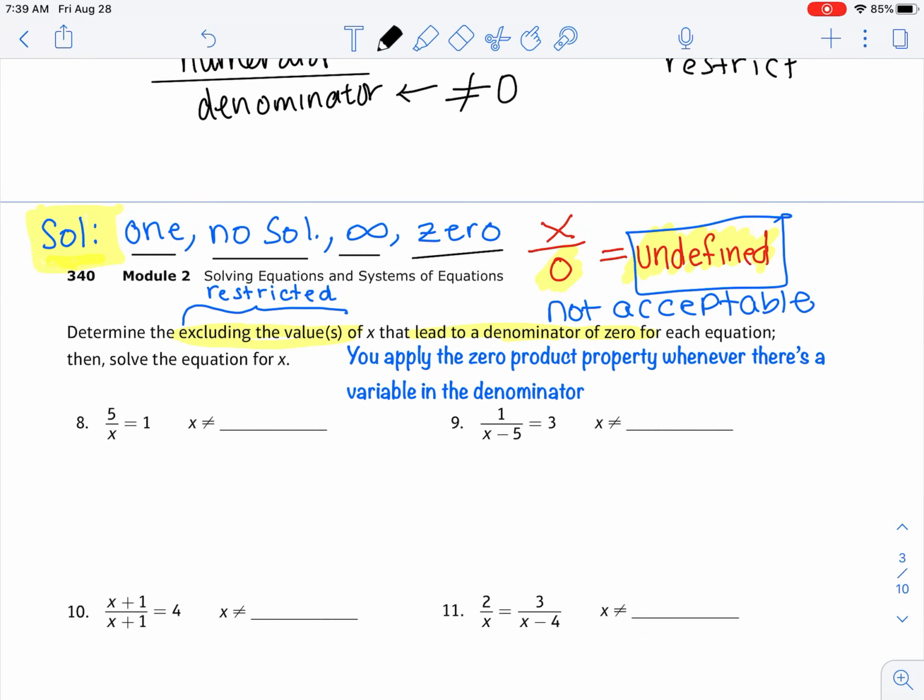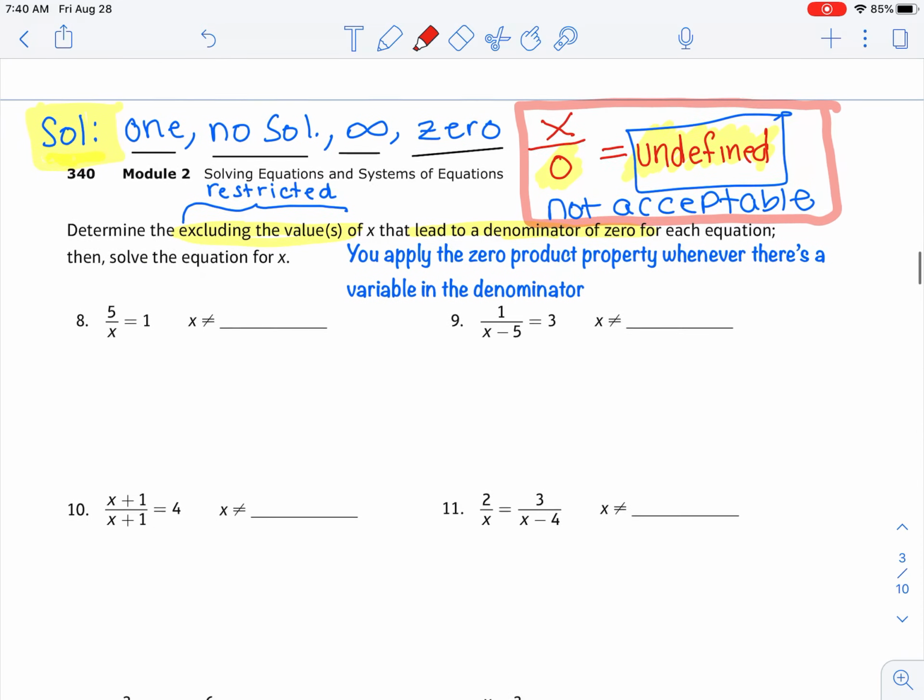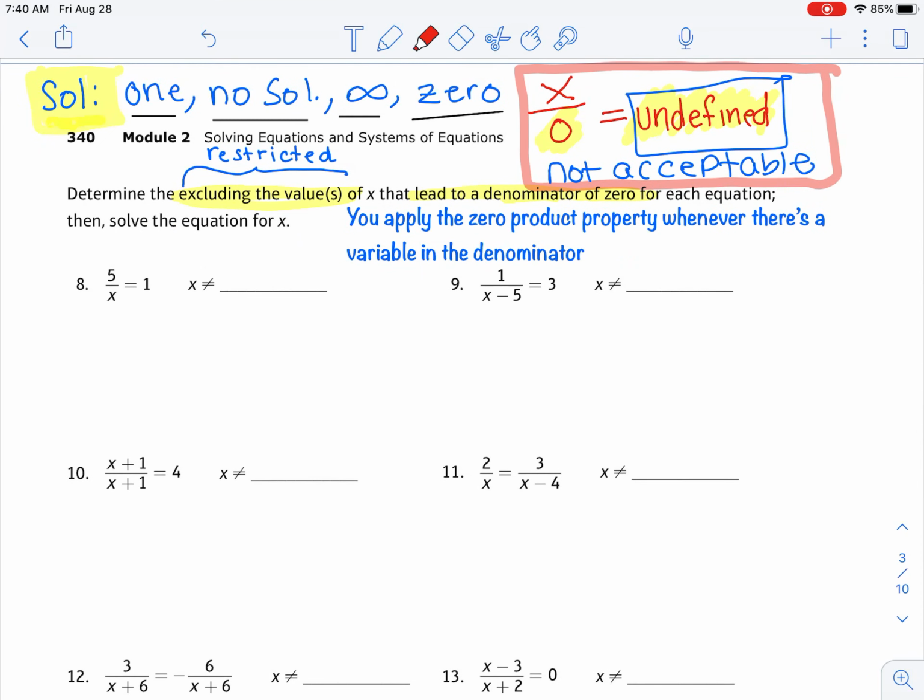That's okay. What x cannot be is undefined. So I'm going to highlight this in red as it is not acceptable. Any number divided by 0 is undefined, so that is not acceptable. That's the only unacceptable solution. So we avoid it by excluding the values that would lead to a 0 in the denominator. So with that, hopefully you guys went ahead and paused at this point just to make sure you had that at the top of your notes.